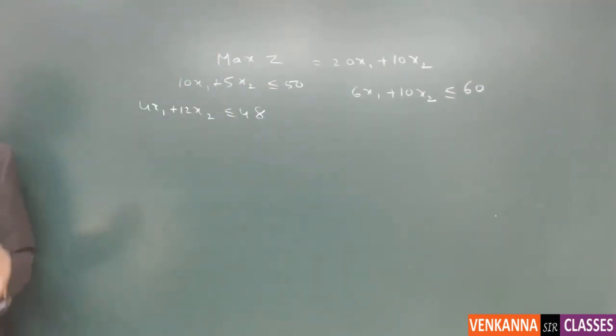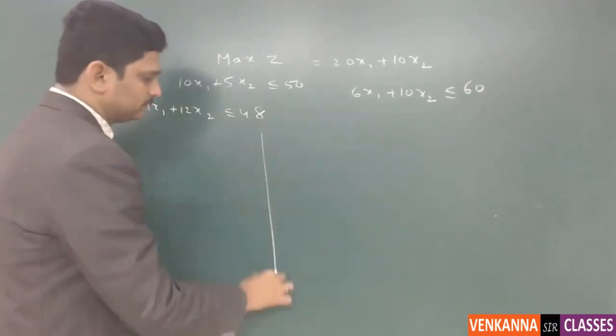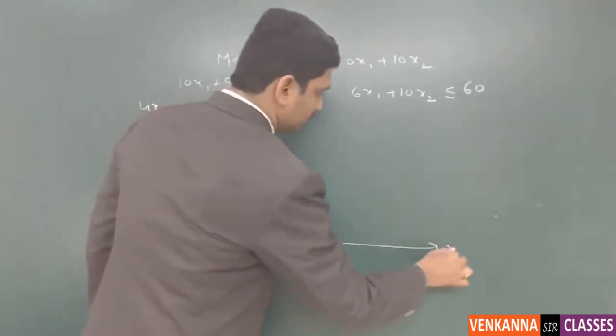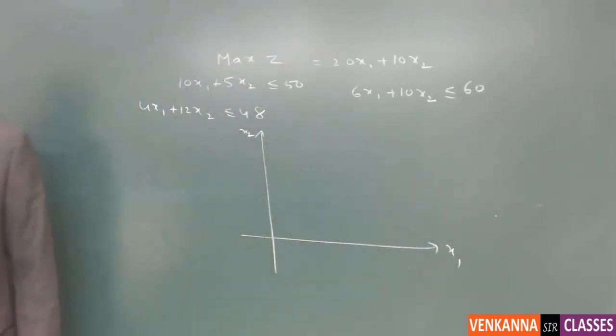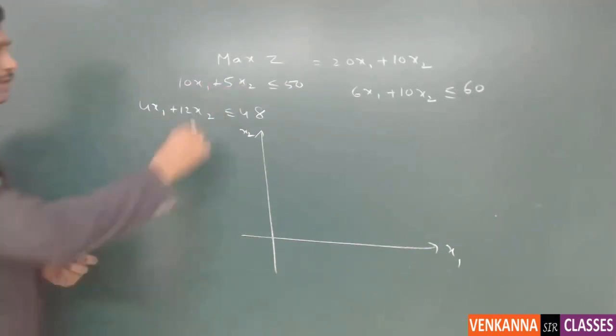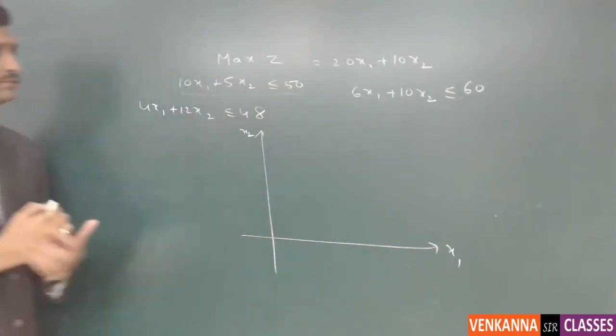So let us draw the graph for this LP problem. You are going to give me the values. For the first one, what are the points we are going to take?